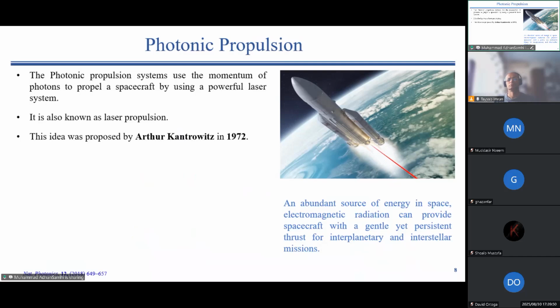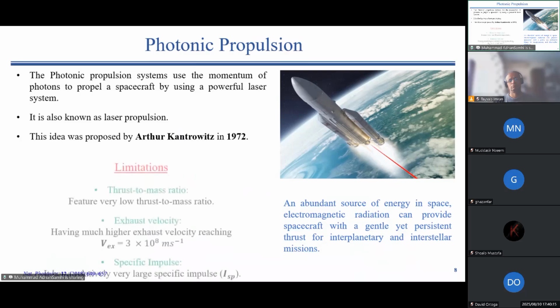Basically this idea was proposed by Arthur Kantrowitz in 1972. He said that in space we have an abundant source of free electromagnetic radiation, light. So by using this free source of electromagnetic radiation, we can propel our spacecraft.